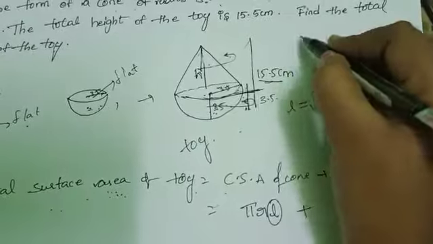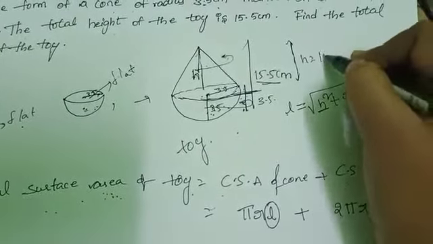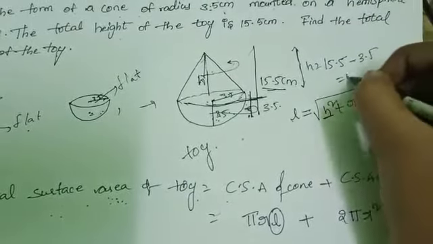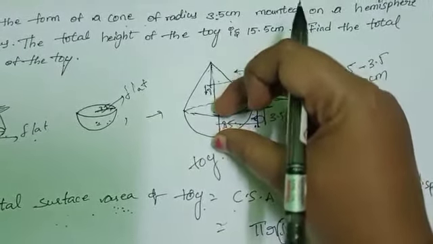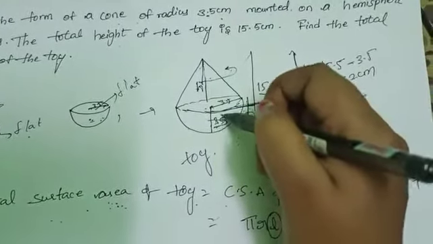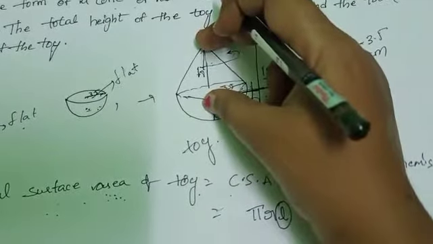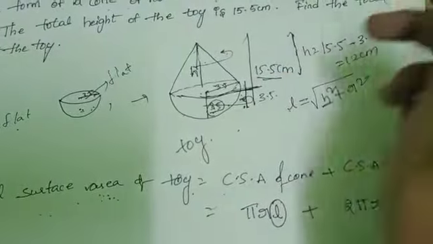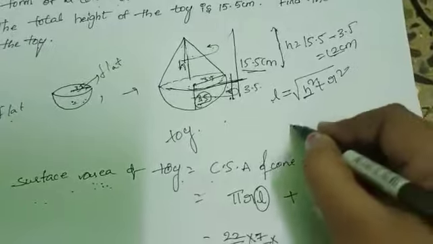So the height of the cone h equals 15.5 minus 3.5, which is equal to 12 centimeters. Here to here, the hemisphere radius is 3.5 centimeters. Then the height of the cone equals 15.5 minus 3.5, which is 12 centimeters.